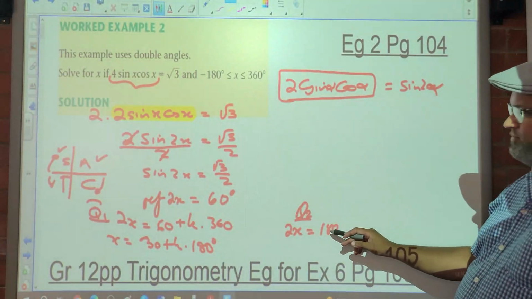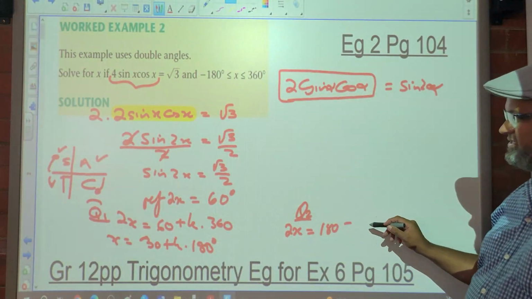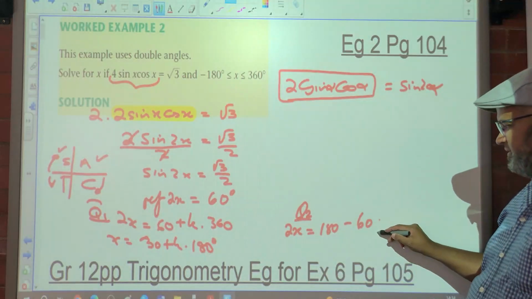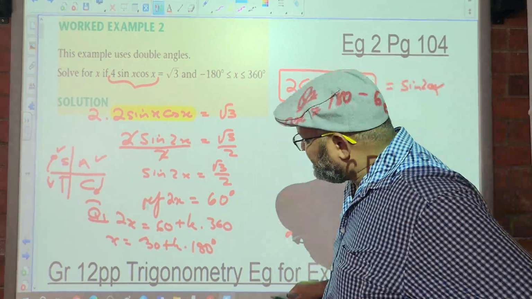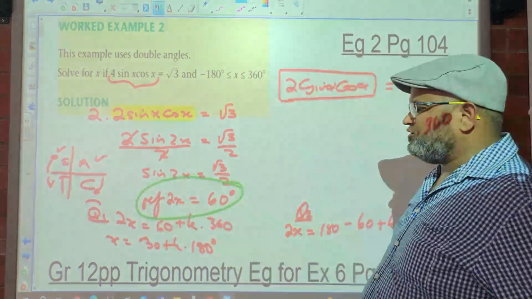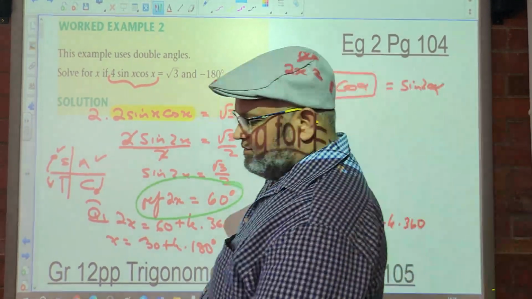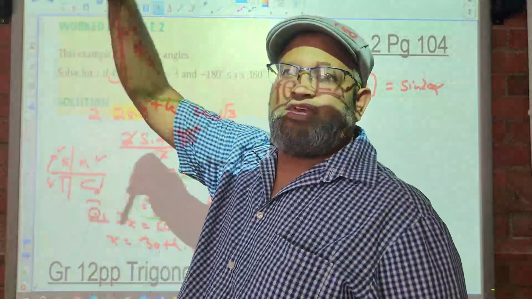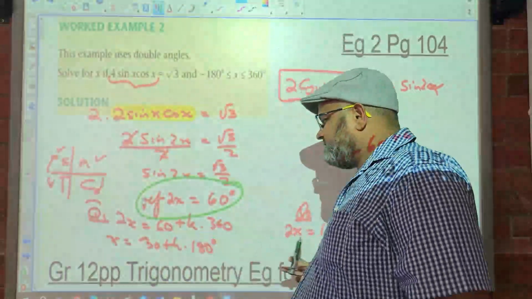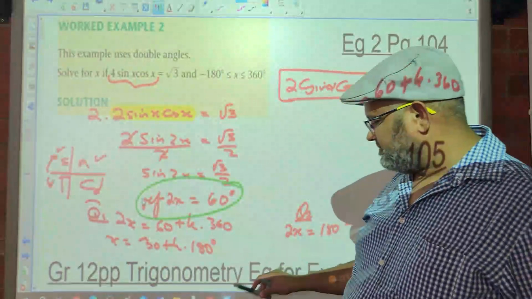Alright, so then this would be 180 minus 60 plus k times 360. Again, we do not divide here by 2. And earlier on, we did not take that angle over the equal sign until we took it to its quadrants. Okay.